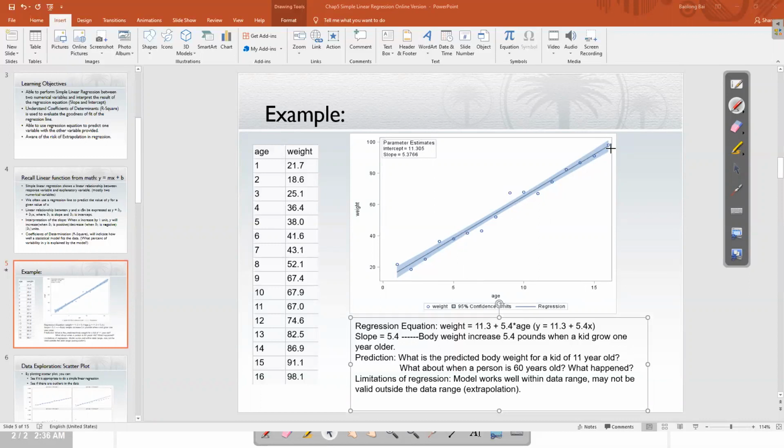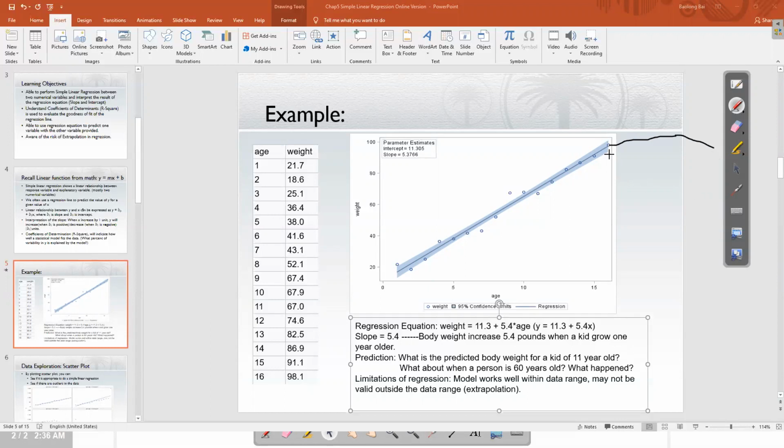But when kids are young, they grow fast like this. What if they're getting older? What will be the reality? The reality is that people are not going to grow as fast afterwards. The slope will change, right? And when you get old enough, most commonly, you're going to see people drop weight.